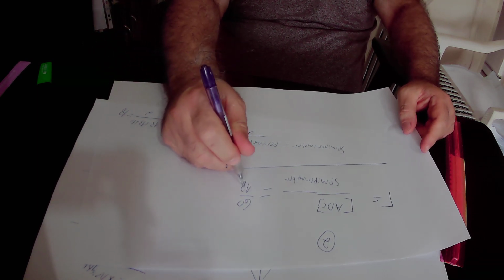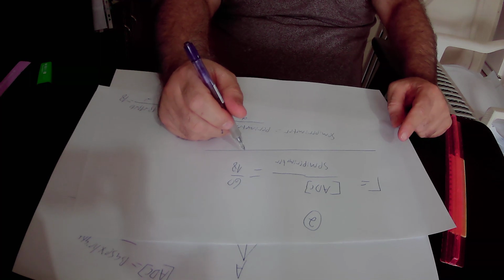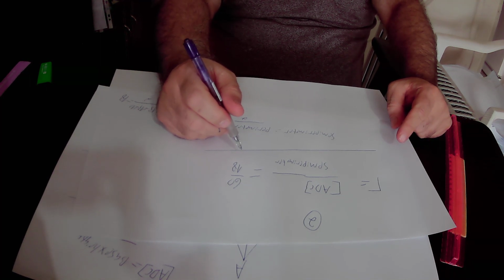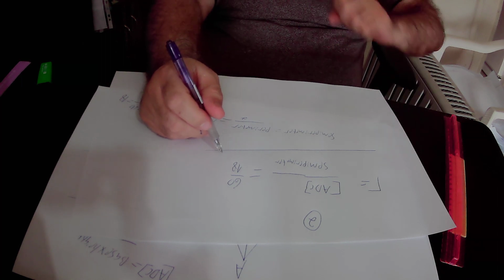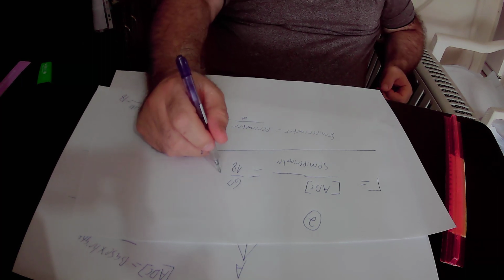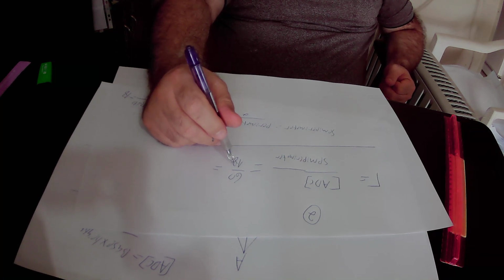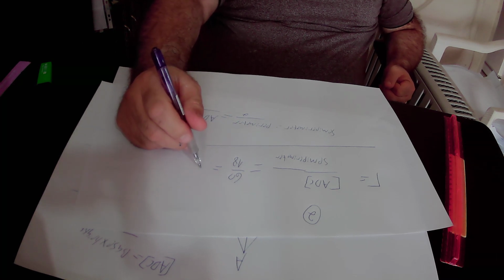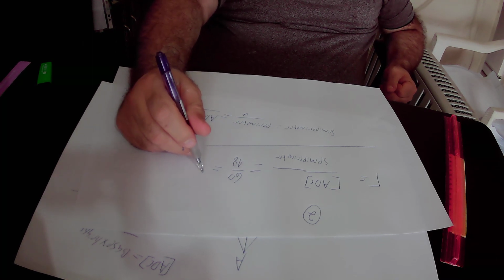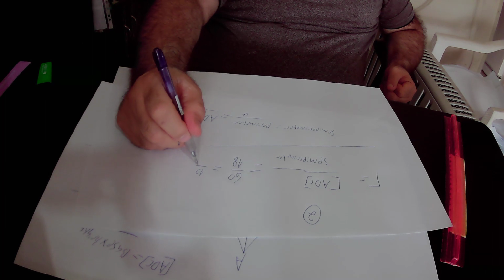Therefore, the radius of the circle that is inscribed in a triangle is equal to, in this case, 60 over 18. We will divide both the numerator and the denominator by 6. 60 over 6 is 10, and 18 over 6 is 3.